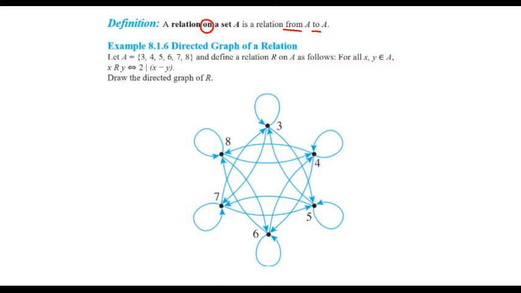Basically we draw one vertex for every element of set A. So since set A has 6 elements, we have 6 different vertices in this graph. We have vertex or node 3, we have node 4, we have node 5, 6, 7, and 8, correct?